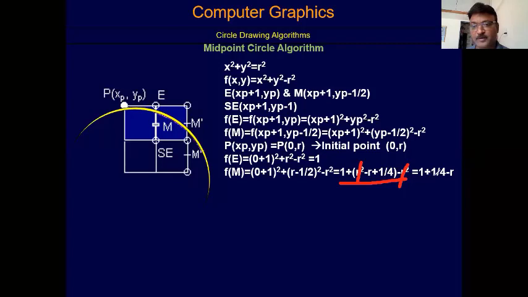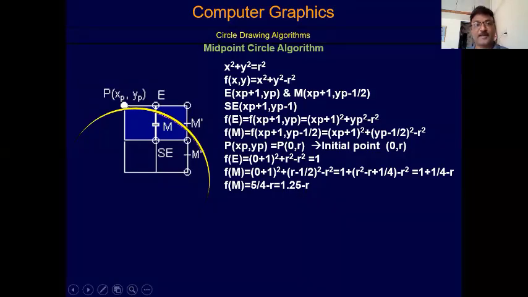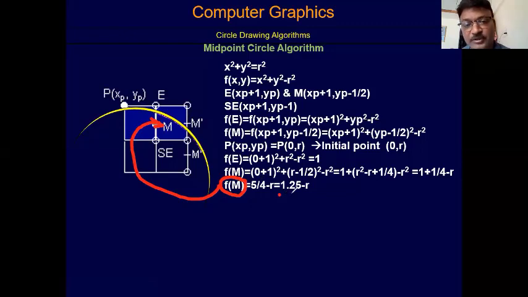So this is 1 plus 1 by 4 minus r. You can write it like this also. Solving this, it becomes 5 by 4 minus r, and 5 by 4 is 1.25, so 1.25 minus r. So this is my first decision parameter. Why the first decision parameter? Because this parameter is from the M, and M over here is the midpoint. M is the midpoint, and from this I have calculated the decision parameter.